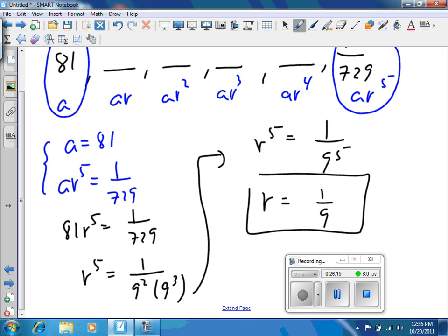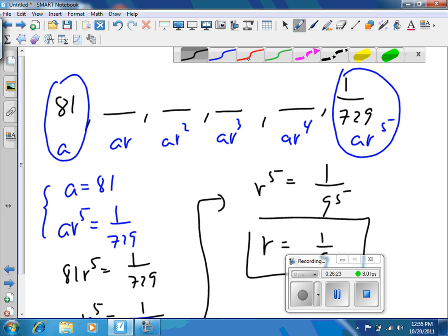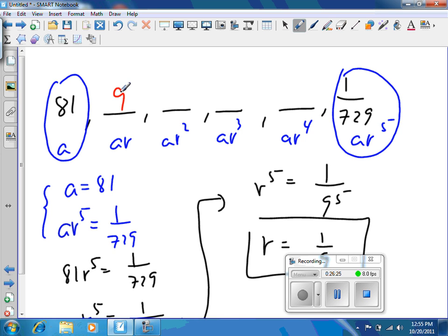R is 1/9, excuse me. And I can take 1/9 of 81, and what will I get? Divide by 9, divide by 9, divide by 9. Multiplying by 1/9 is the same as dividing by 9. And those are the 4 geometric means that we were asked to find right here.